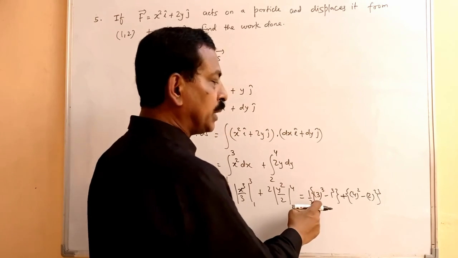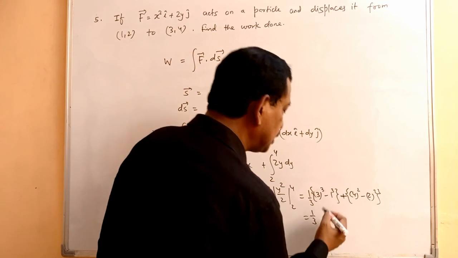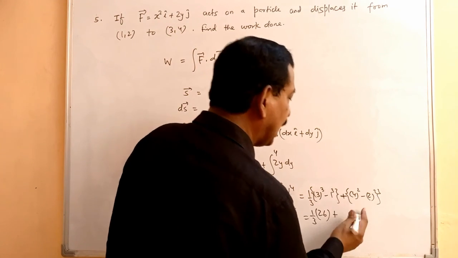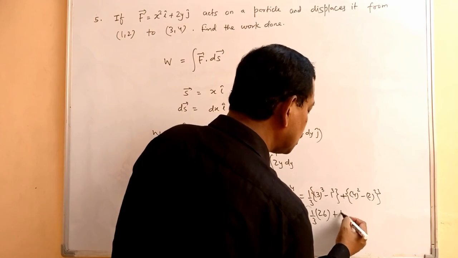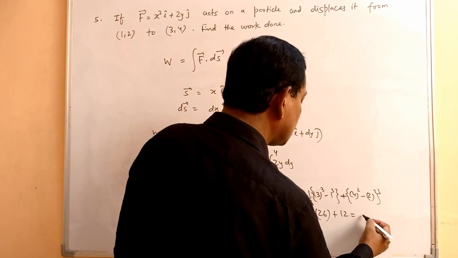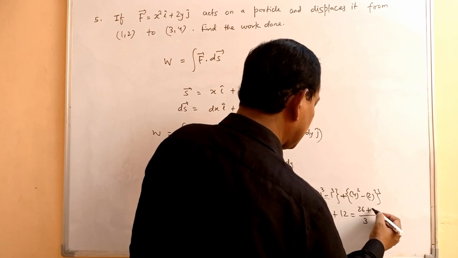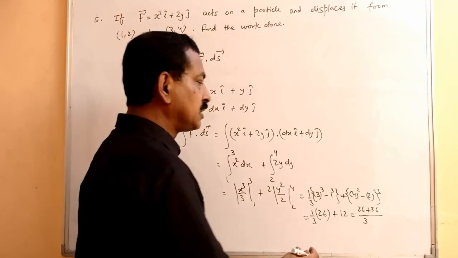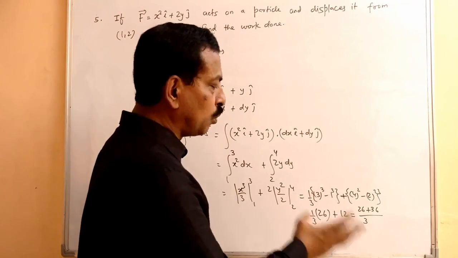This is 27 minus 1. So this is equal to 1 by 3 times (27 minus 1), so it is 26. And this is 4 square, that is 16 minus 4, so this is 12. So this is your LCM. If you take it, it is (26 plus 36) by 3. And this value will be the expression for the work done there.